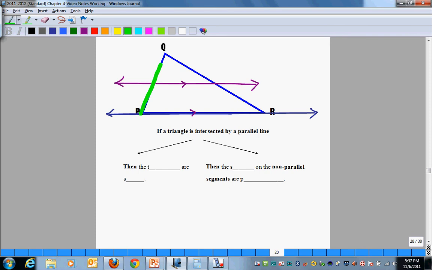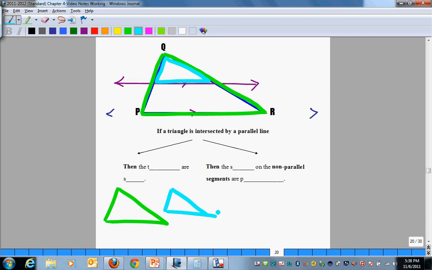We'll call this triangle PQR. That's one way you need to see it, is the fact that you have a larger triangle and a smaller triangle at the top.